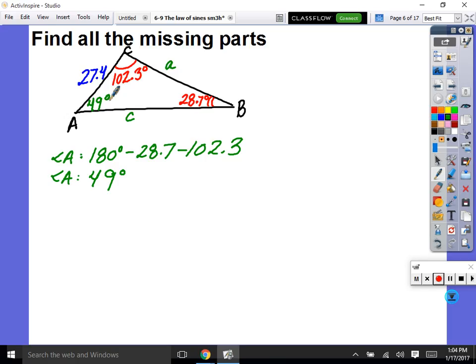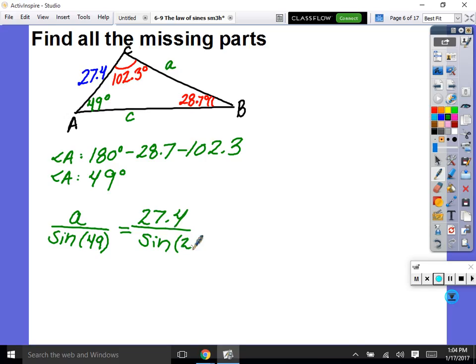Now, look, we can go ahead and find side A by setting up the law of sines. So, it is true. Let's focus on finding side A. So, let's put that on top. So, A over sine of angle A, which is 49, is going to be equal to, well, let's use this angle since we were given that side. Everybody good? So that side, 27.4 over sine of the angle across from it.